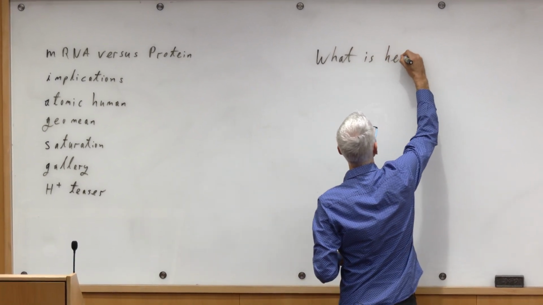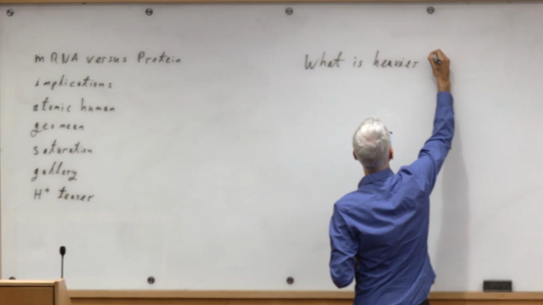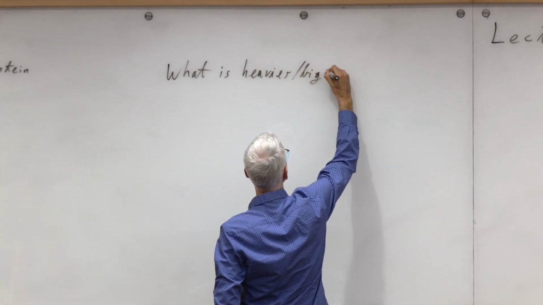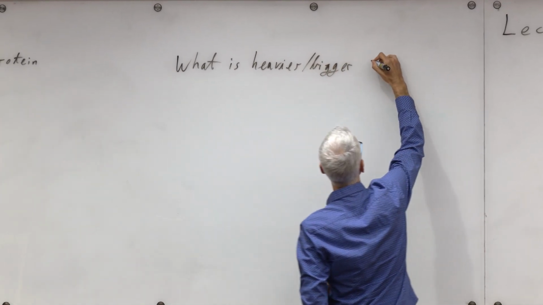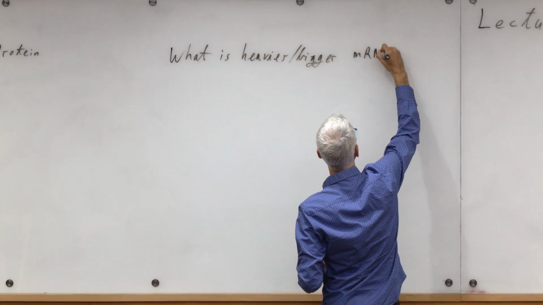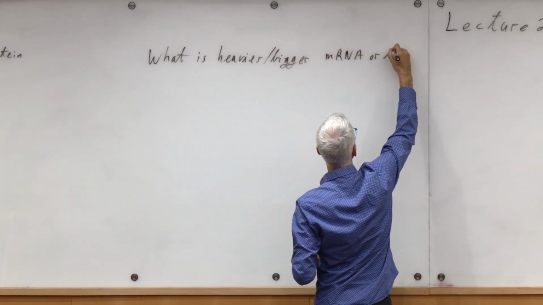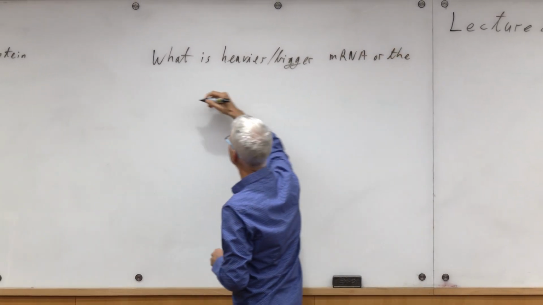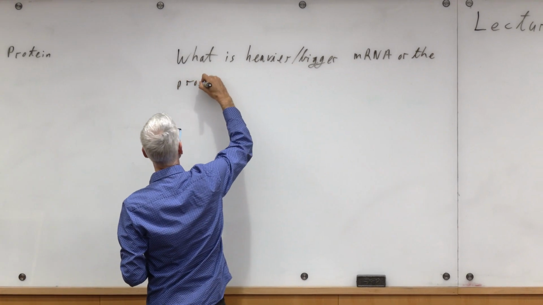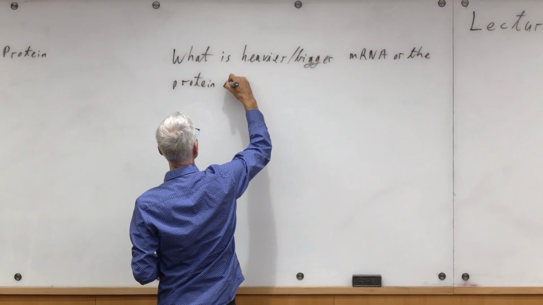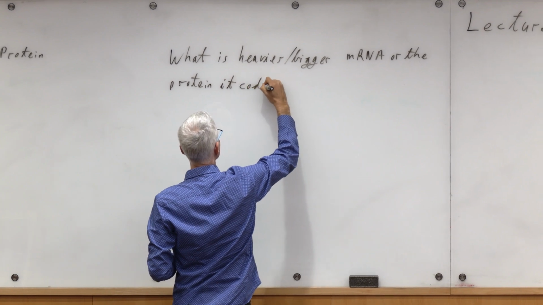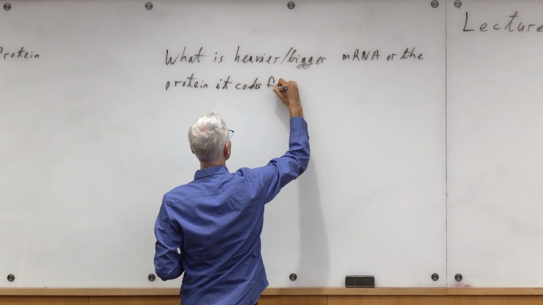What is heavier or bigger, mRNA or the protein it codes for?